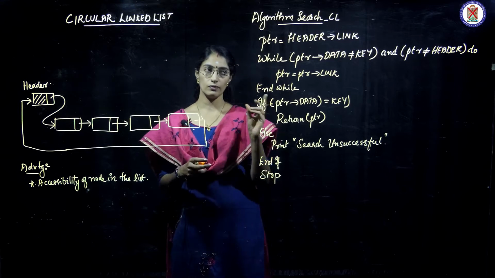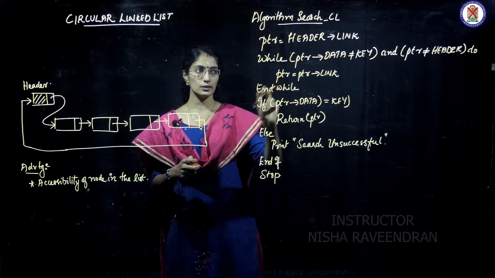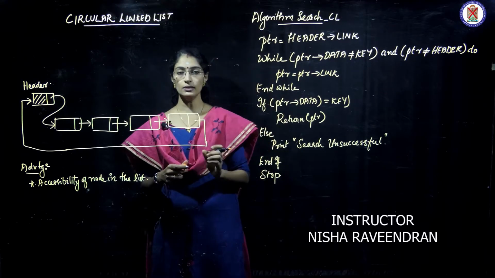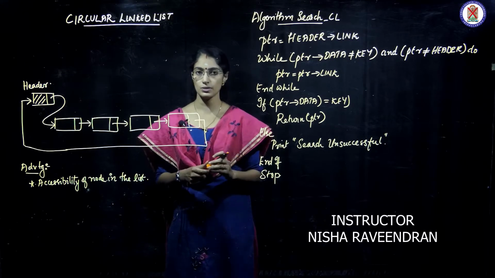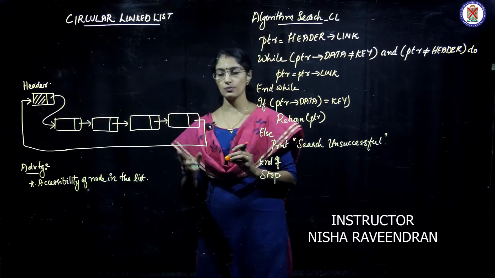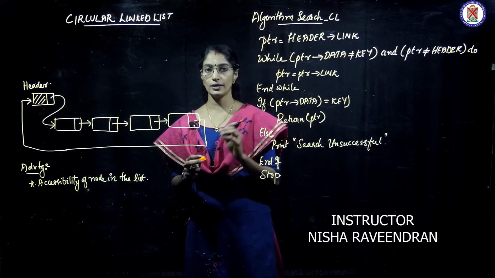There, another condition was ptr not equal to null. The loop continues until ptr becomes null. Here we do not have such a condition. Instead we have to look whether ptr is again becoming equal to the header node, right?